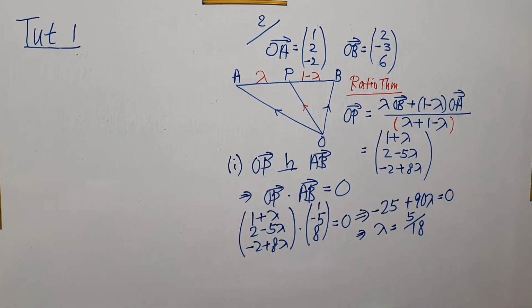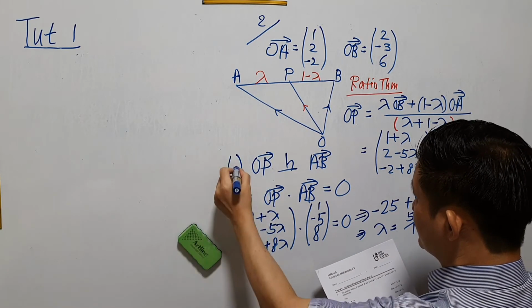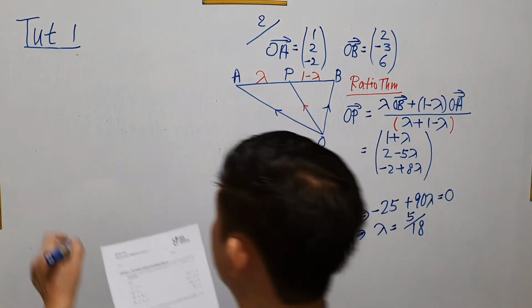So to answer part A of the question, using this condition that because they are perpendicular, the dot product of these two is 0, I found that my lambda is 5/18. That's actually 2A. Then now we want to do 2B.